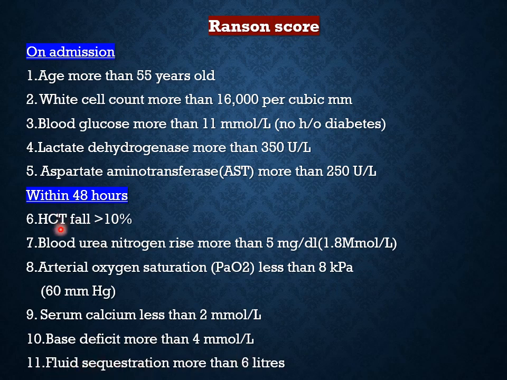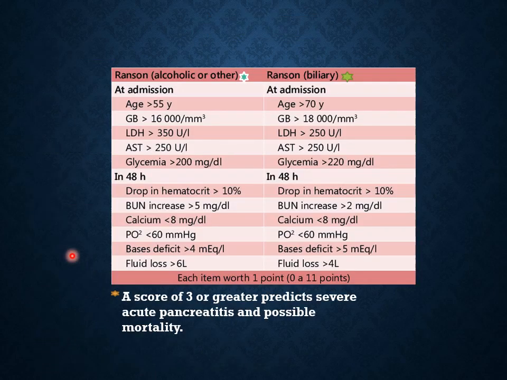So you look for these parameters within the 48 hours. Okay, this is a chart summarizing the parameters on admission and within 48 hours. Each of them has a score of 1 point, a total of 11 points.